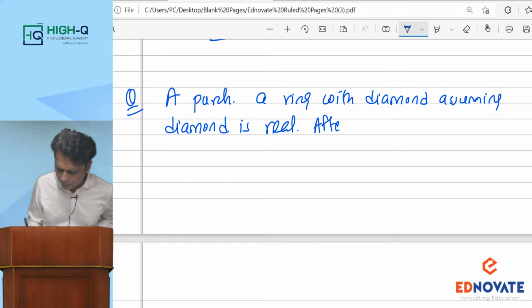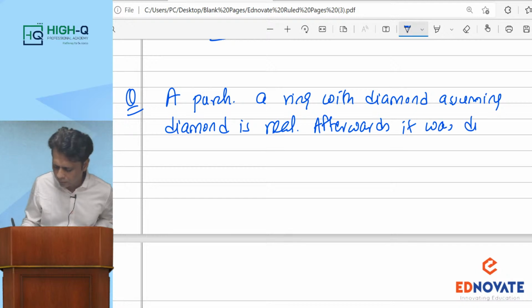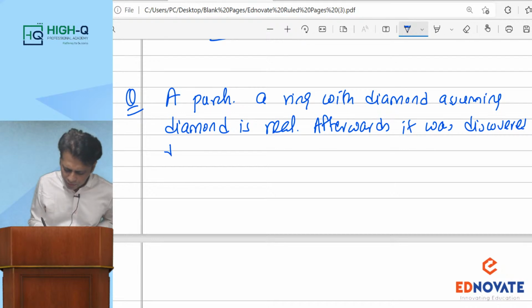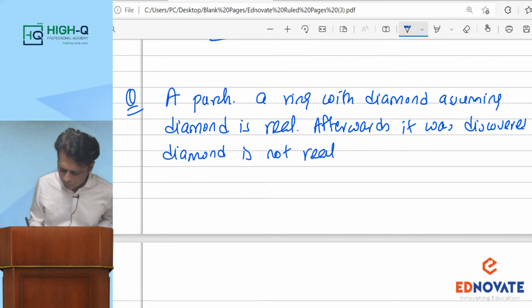Afterwards, it was discovered the diamond is fake, the diamond is not real. Mr. A filed a case against the jeweler shop.